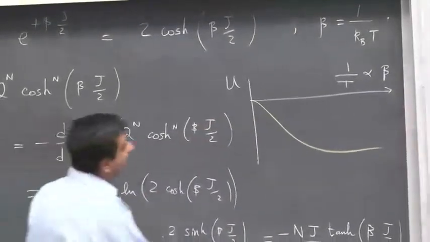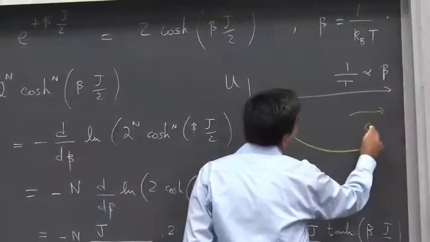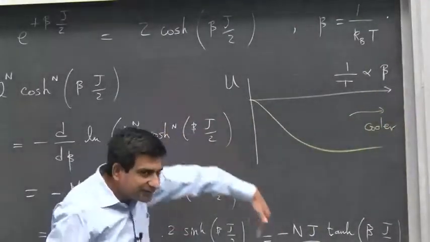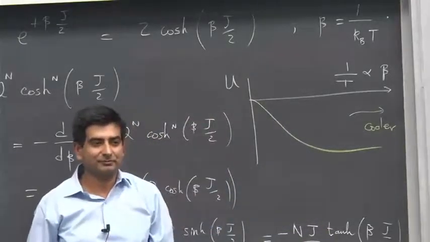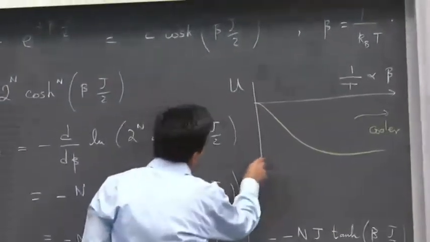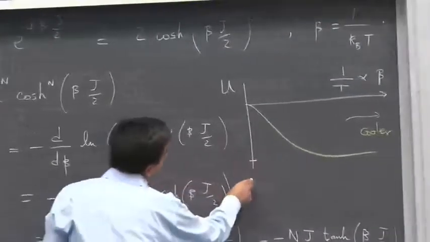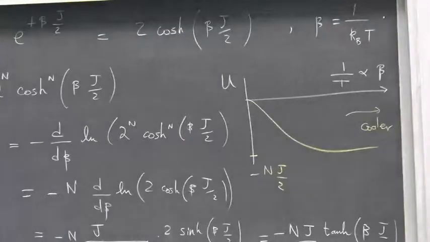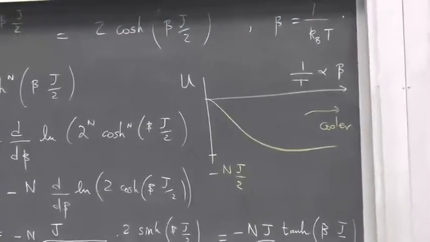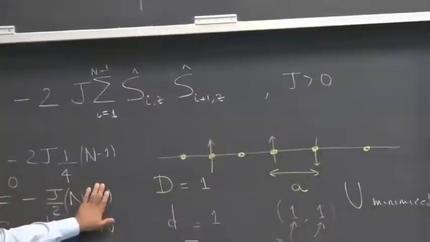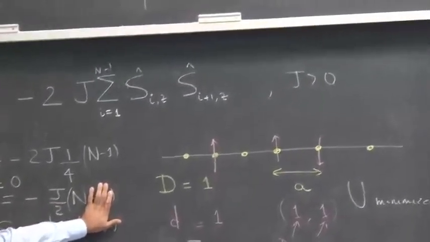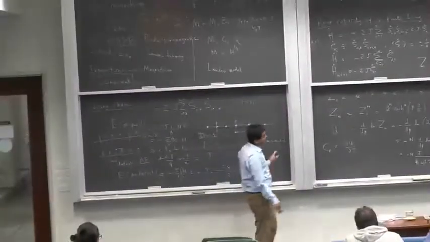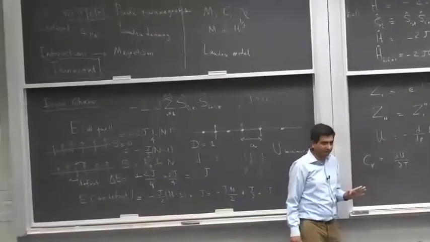So as I make the system cooler, as the temperature goes down, beta goes up, the energy of the system goes down. Eventually, at large enough beta, I get minus nj by 2, which should be the same energy as I write over here, right? For n, right? This is the same energy.